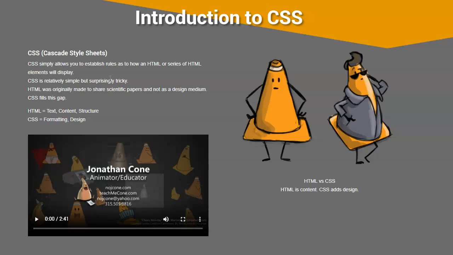HTML almost always looks exactly the way that you write it out, as opposed to CSS where you can have conflicting rules where one's overpowering another one, or you're writing something and it's just not showing up, or it doesn't work on a particular element. Like certain CSS only works on certain other things. So there's a lot of weird things that sometimes get kind of confusing about it. But the actual syntax of it is relatively simple.